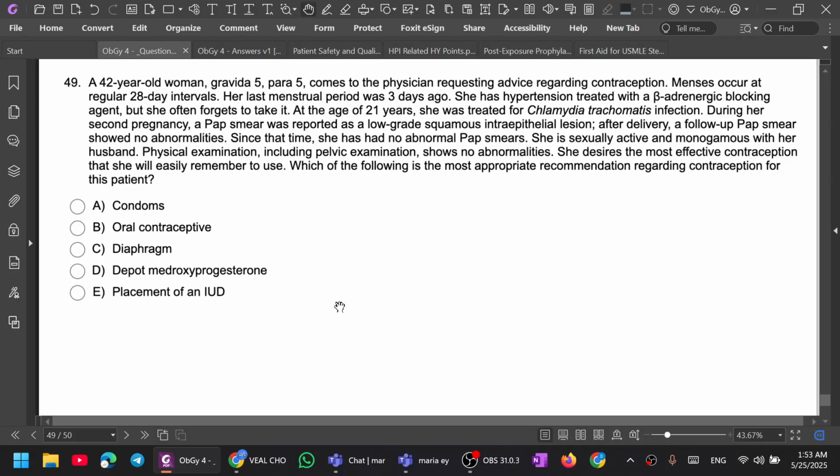Since that time, she has had no abnormal Pap smear. She is sexually active in a monogamous relationship. Physical examination shows no abnormalities. She desires the most effective contraception she will easily remember to use. Which of the following is the most appropriate recommendation regarding contraception?